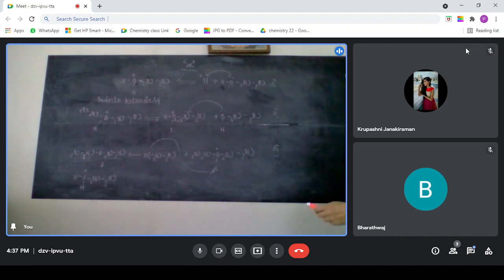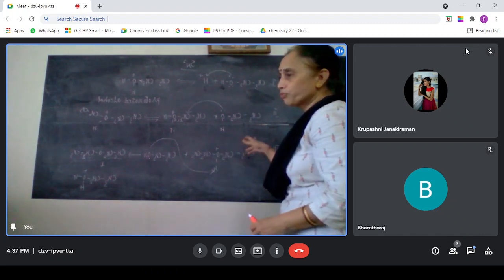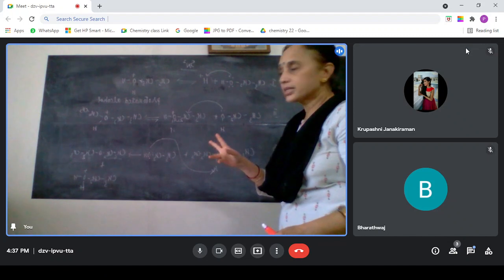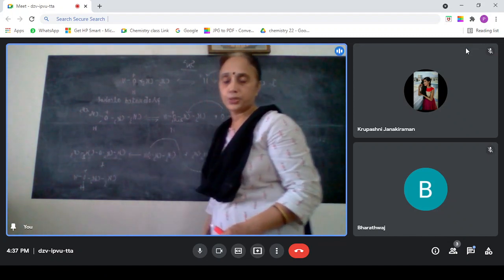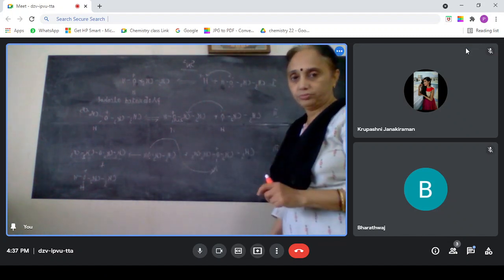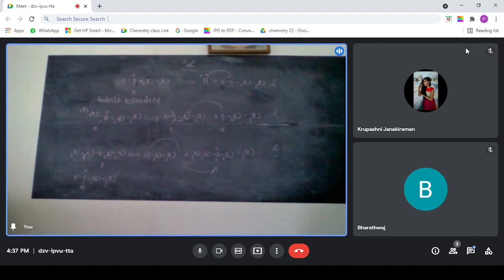That is why it will lose a molecule of water. So this method is useful for preparing ethers having primary alkyl groups, and temperature should be low. It should be unhindered.